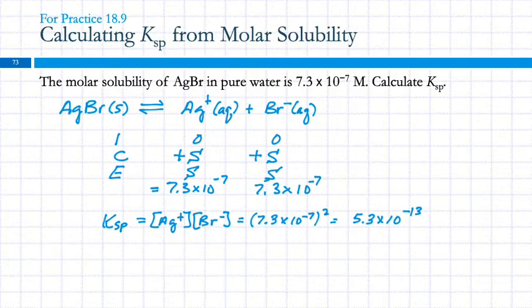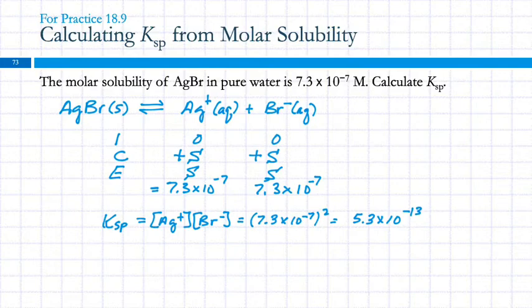Here it is the same. Molar solubility is the S, right? If there was a 2 in front, it would be like 2S. So 2S isn't molar solubility. Correct. 2S would be the concentration, but not the molar solubility. You don't.